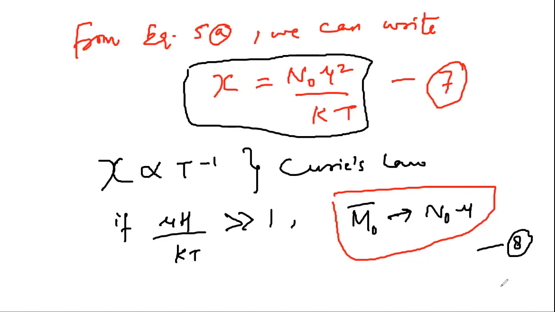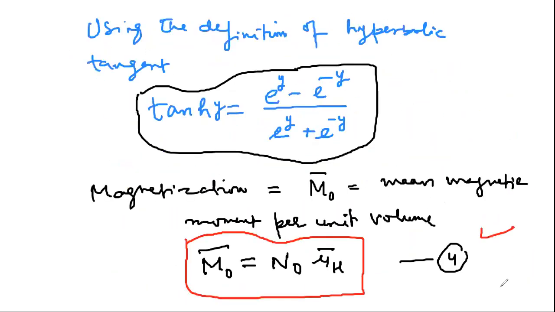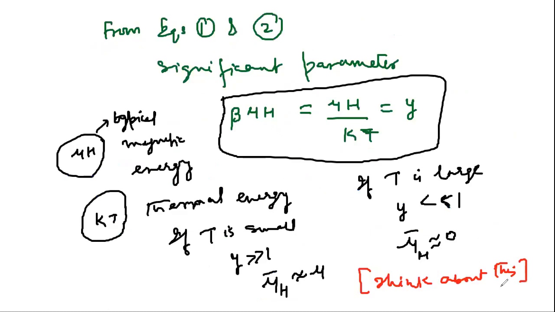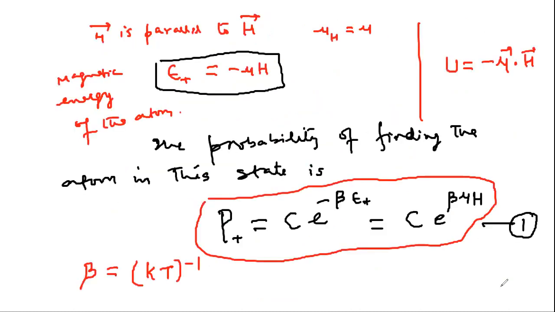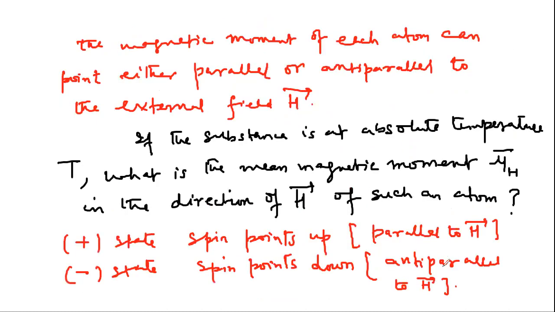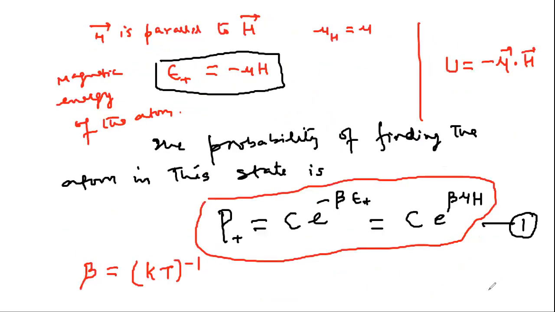So you will check it and compare it with this discussion which we had before, before actually calculating the mu H bar, right? I think here. So you will compare that.